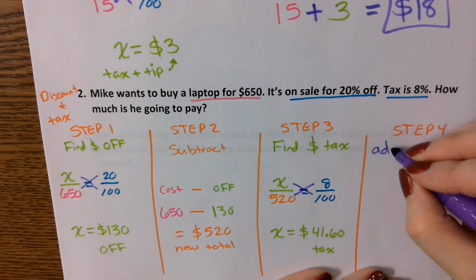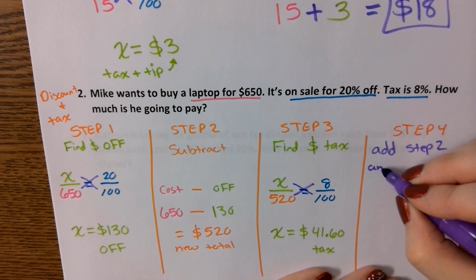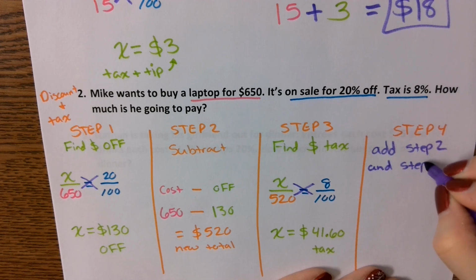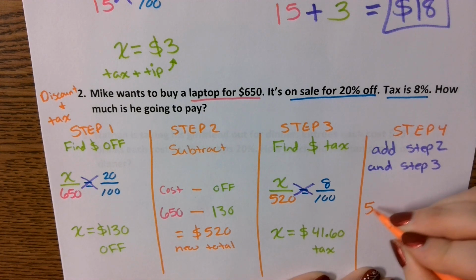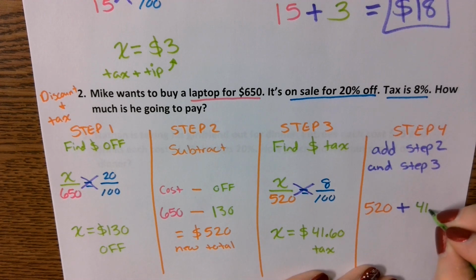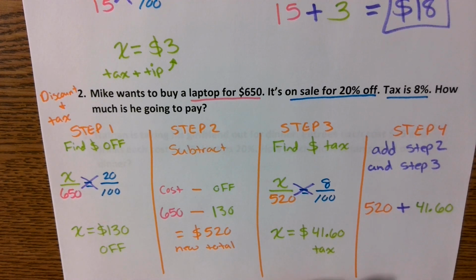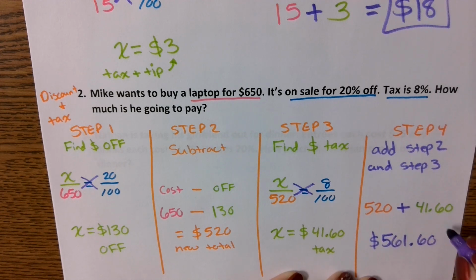You're going to add step 2 and step 3 together. So we're going to take 520 and we're going to add it with the $41.60. And that's going to come out to a final price of $561.60.